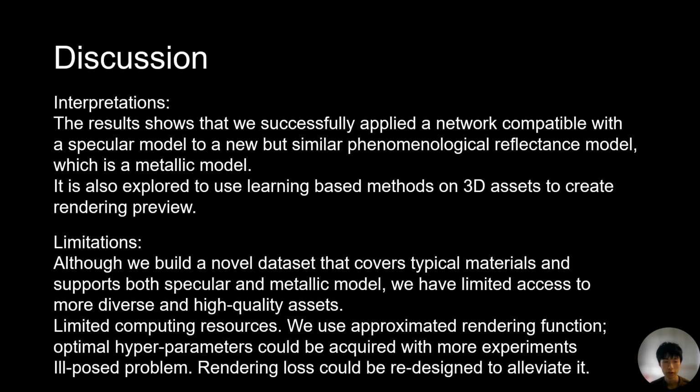If we have greater computing resources, we can use more realistic physical models of rendering functions to generate more realistic results. At last, we met an ill-posed problem: the visual appearance is decided by both scene illumination and the surface properties of the given material. This problem could be alleviated by redesigning the rendering loss function to provide better performance.